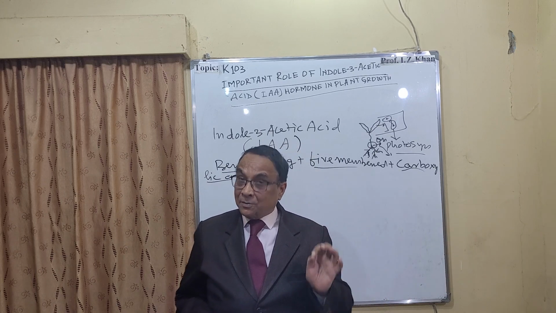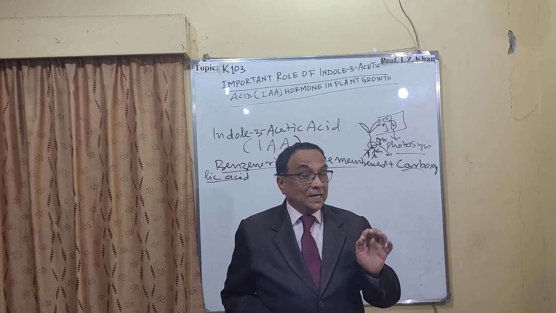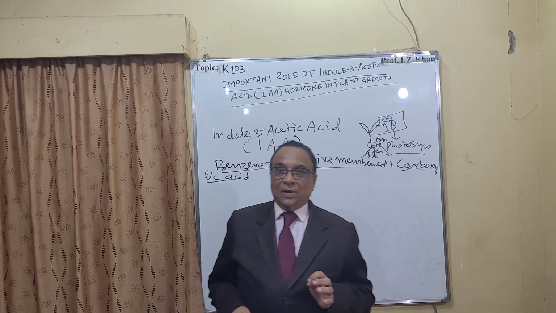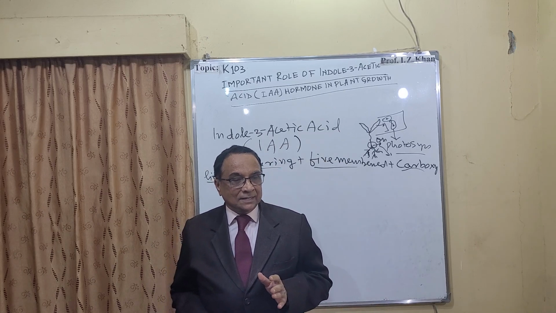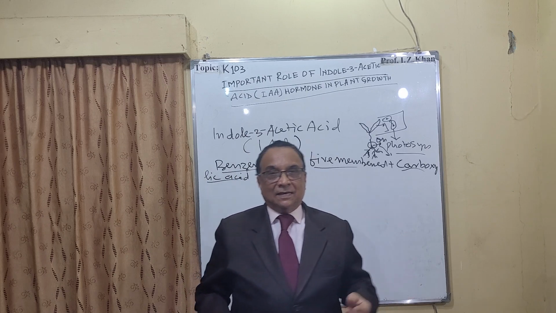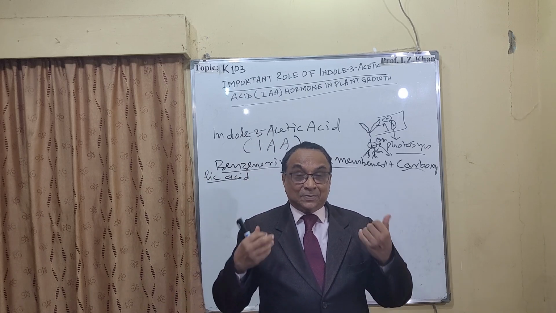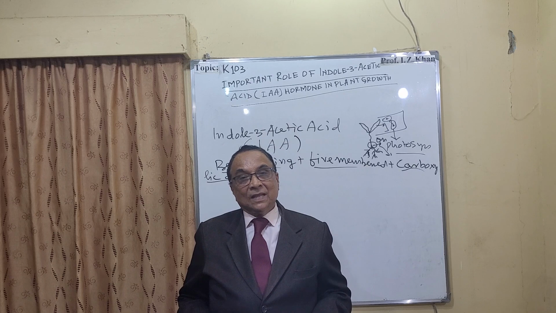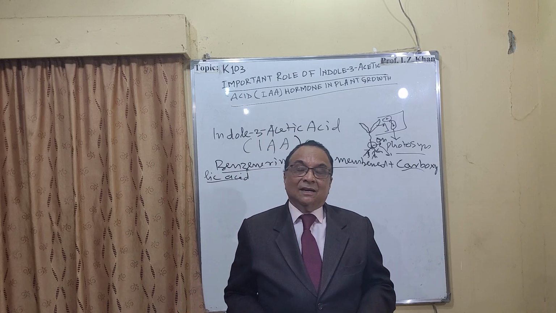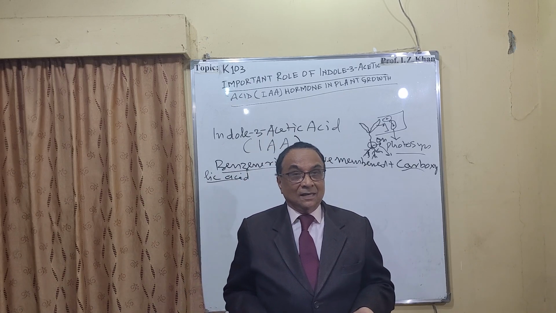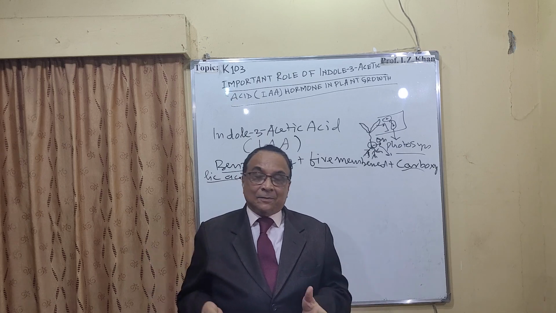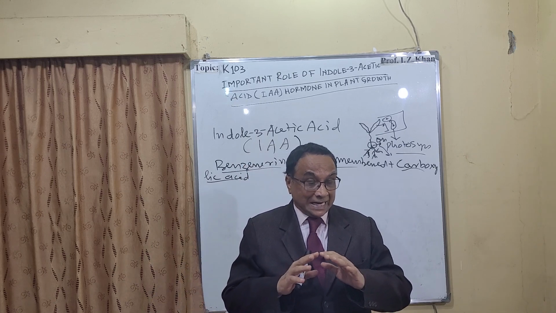And why are these hormones very important to check? Because I call it a chemical signal, a chemical substance which gives the signal of the development of the plant, the overall health and well-being of the plant, whether the plant is healthy or not.